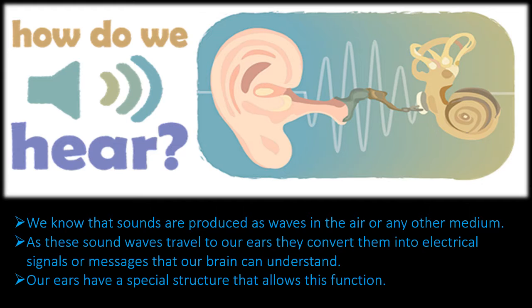As these sound waves travel to our ears, they are converted into electrical signals or messages that our brain can understand. Our ears have a special structure that allows this function. Now, let us study the structure of the human ear and understand how it enables us to hear sound.